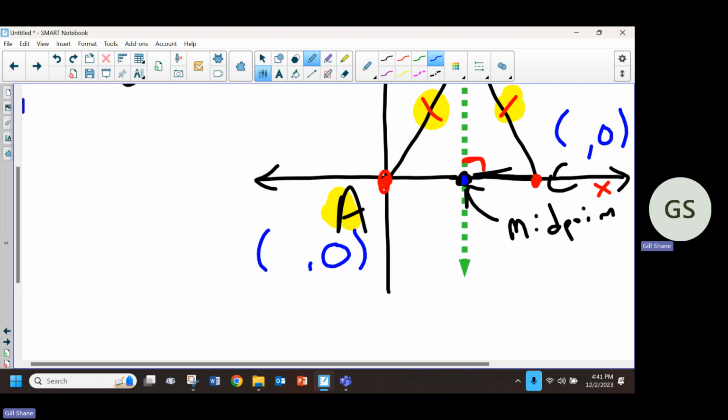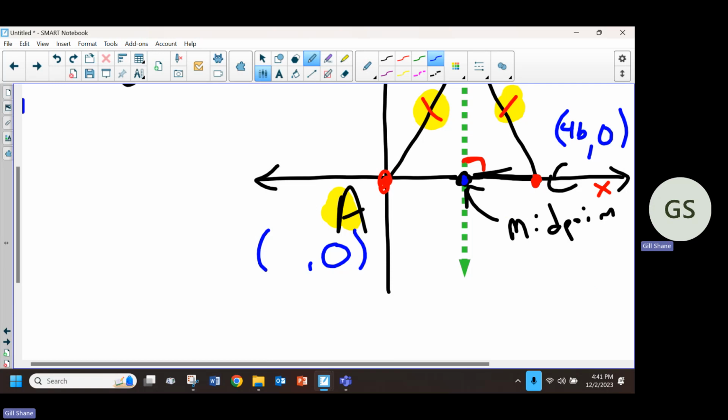If I gave you a value, and this is what the quiz was, you would need to be able to solve and figure out what the other points were, but you have to be able to prove, in one of the questions, not in all of them actually, why you can make certain statements.